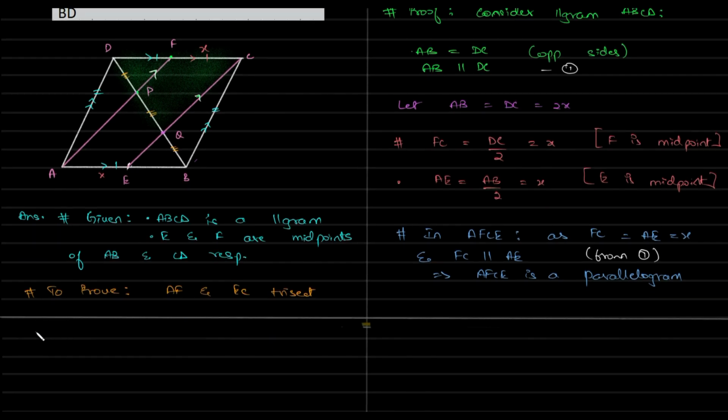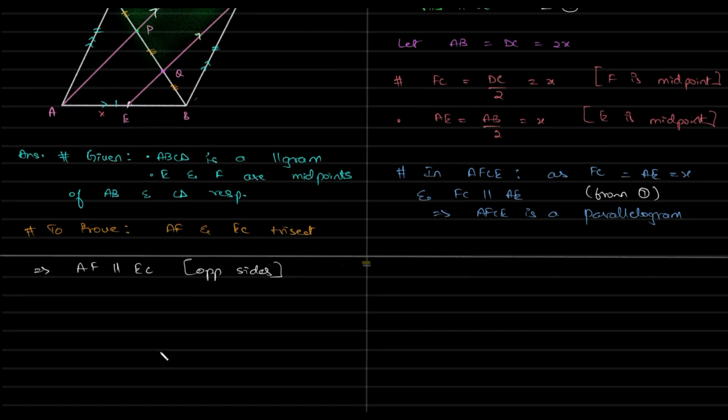This implies AF is parallel to EC, opposite sides, and everything else is by default implied: PF is parallel to QC. Now we are good to go. We are pretty much done writing all the required things.